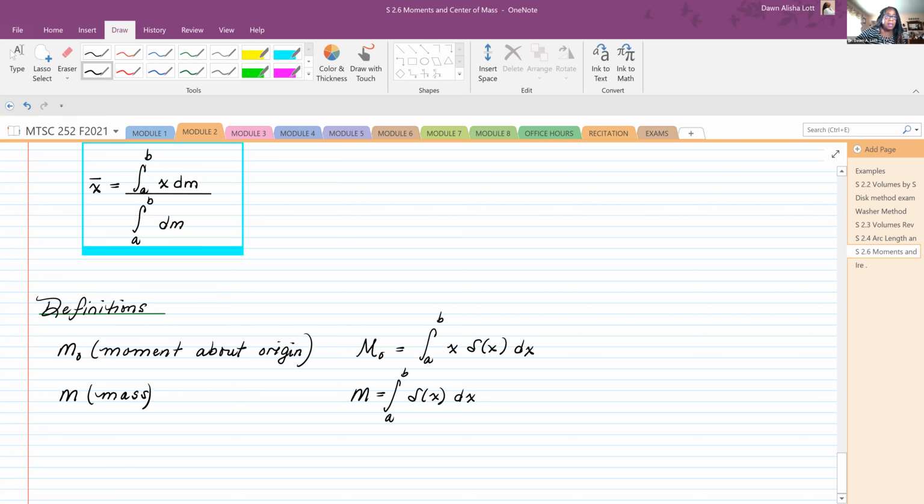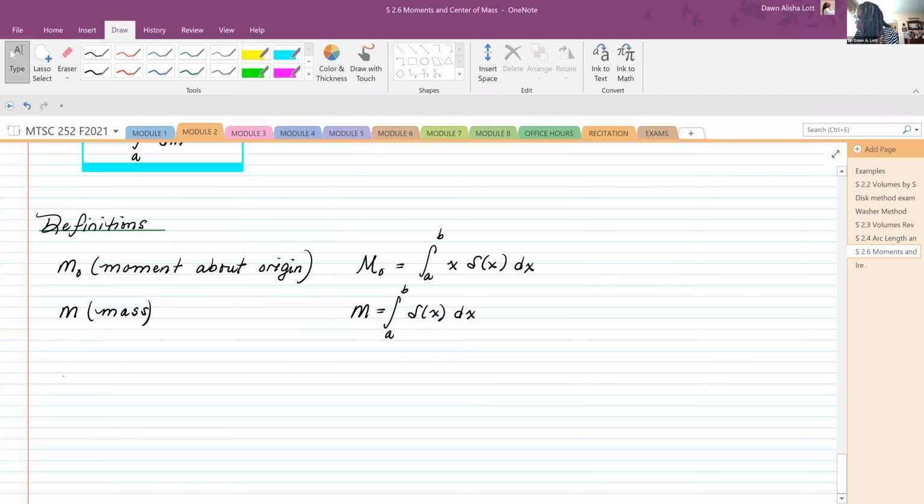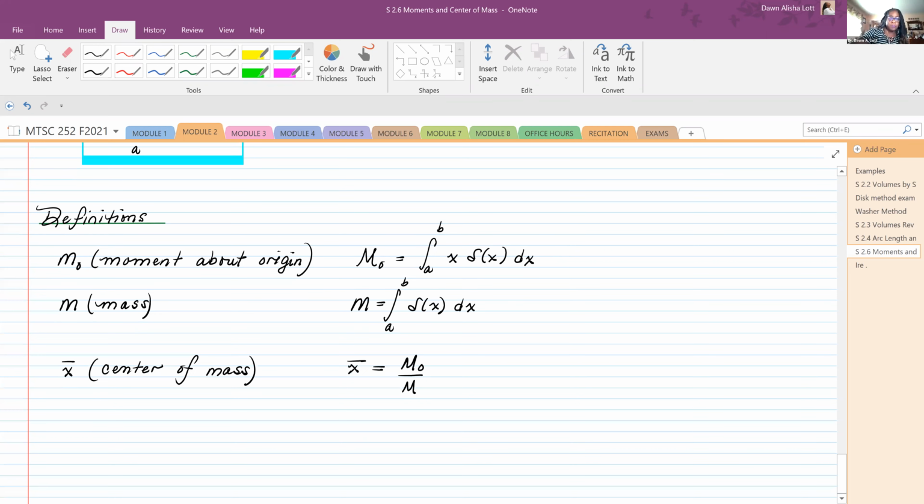And then x bar, which is the center of mass, well, x bar is m naught over m. Okay.